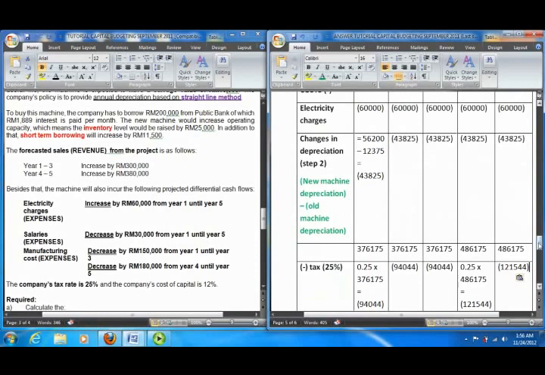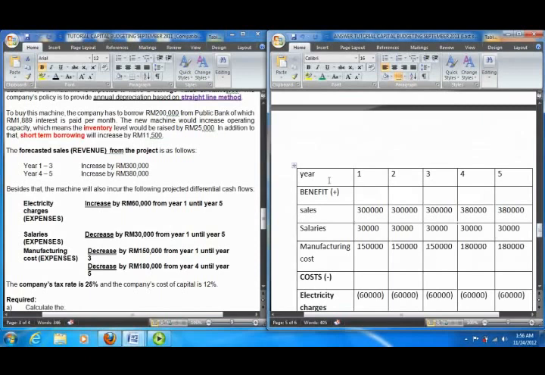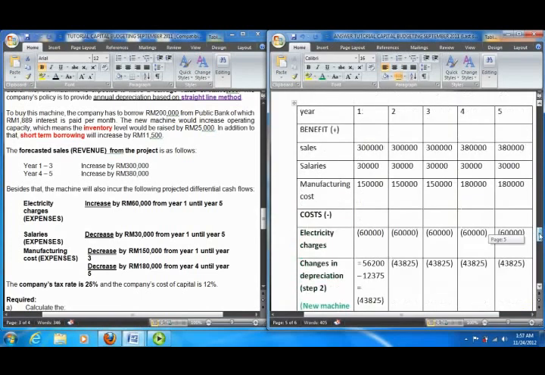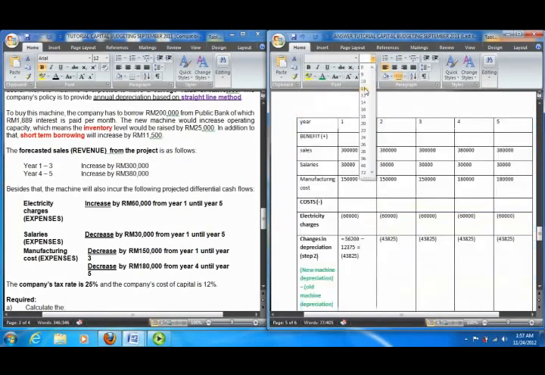Alright, class, don't forget, after you get your tax, I want to try to put this table in.